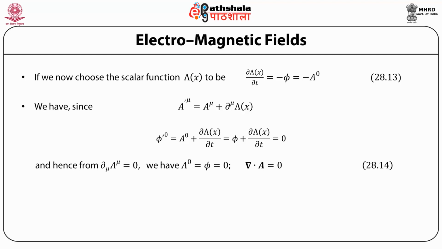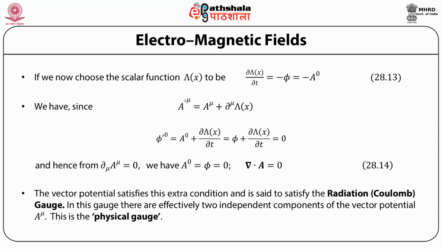And hence from ∂^μ A_μ equals 0, we have A_0 equals φ equals 0, that is ∇·A equals 0. The vector potential satisfies this extra condition and is said to satisfy the radiation Coulomb gauge. In this gauge, there are effectively two independent components of the vector potential A_μ. This is the physical gauge.